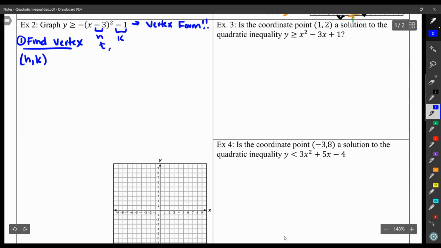However, remember that h is always the opposite. So since it shows a negative, my vertex is actually +3, comma, -1 for k. So the vertex in this one was actually a lot simpler to find than it was in example number 1. So pause the video, see if you can finish off graphing example number 2.